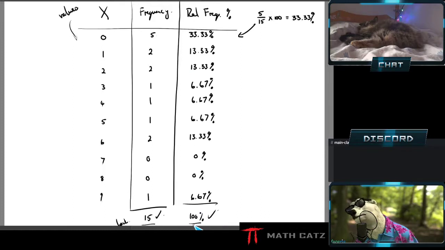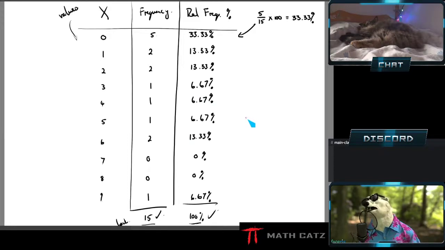I'll save that for you to do, but I do have another check here. So that's how we're going to do our frequency table. You can add columns there if you want, but these are the 3 most important columns.